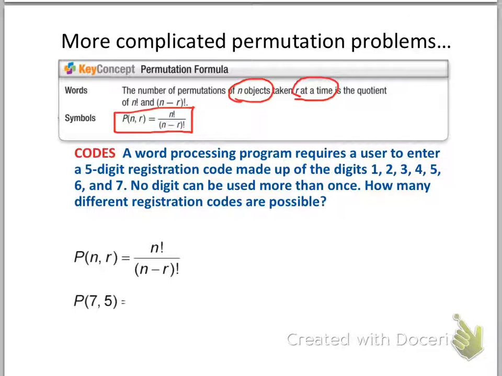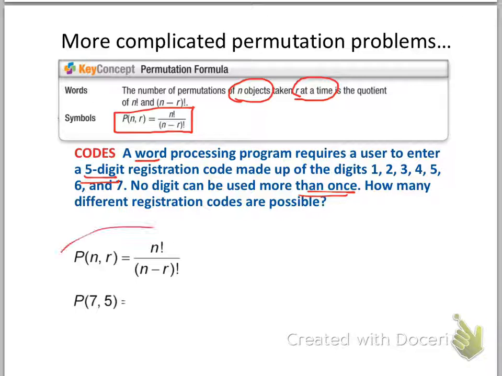So sometimes when we have a code, we have the option of the numbers 1 through 10, but we don't need to use all the numbers. So we've got a word processing program that requires a user to enter a 5-digit registration code made up of the digits 1 through 7. No digit can be used more than once, and that's really important. If digits could be used more than once, it would change our answer. It would not be a permutation.